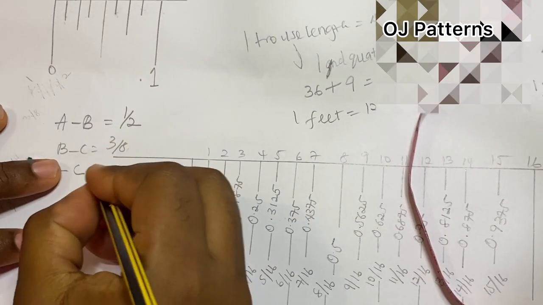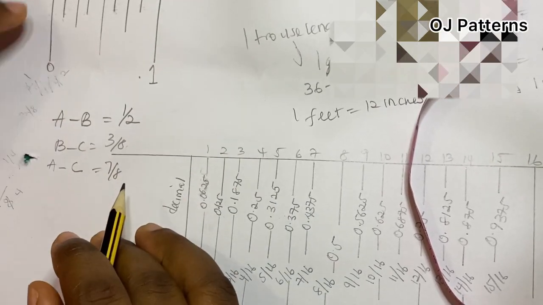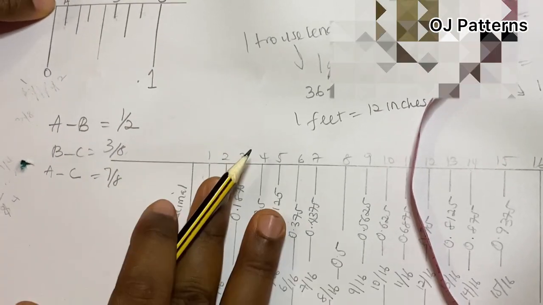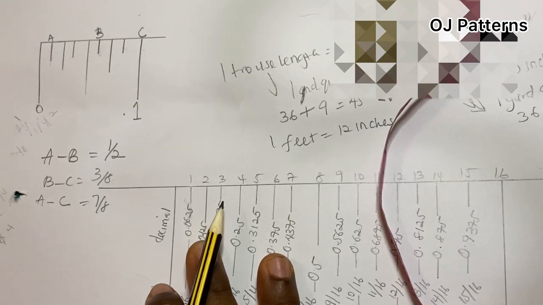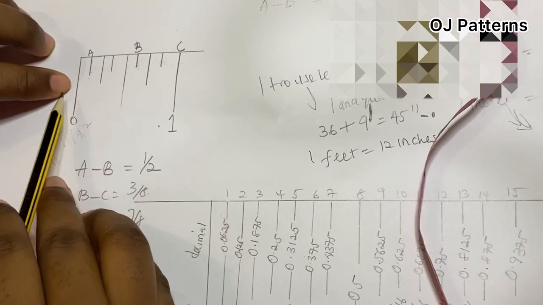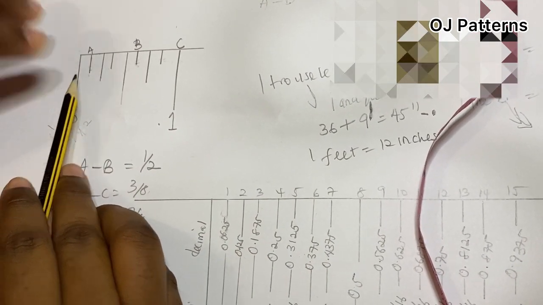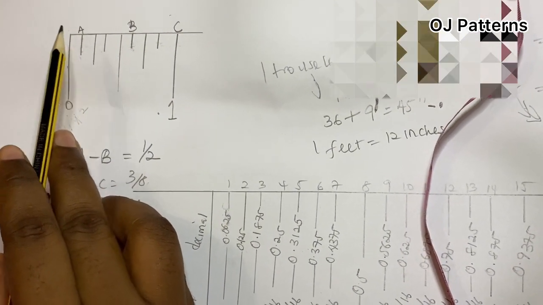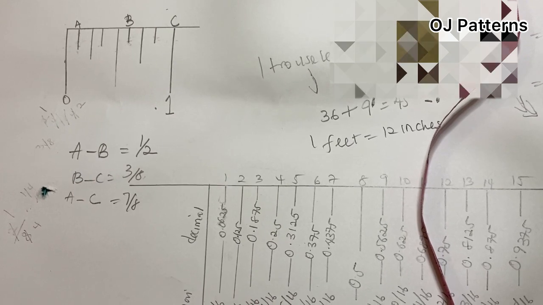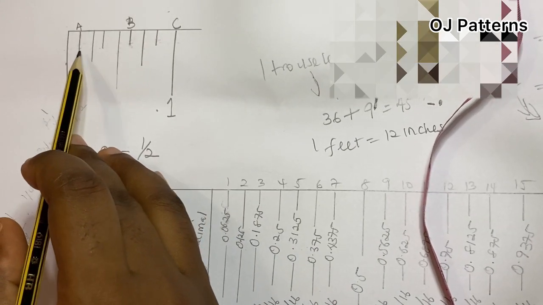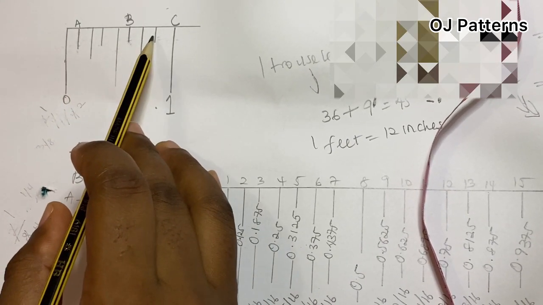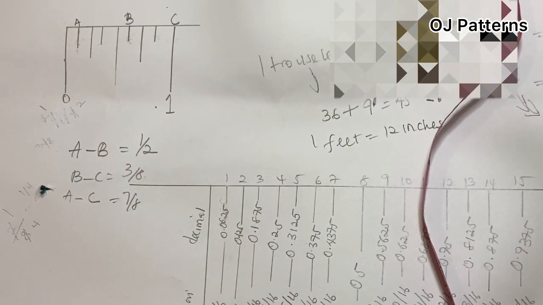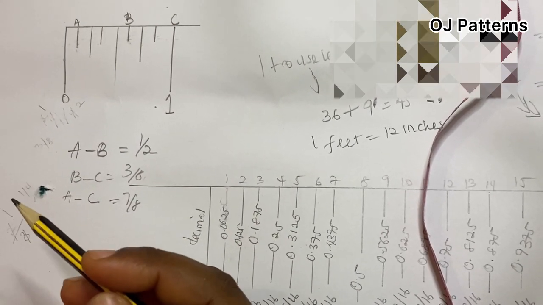Had A been at the edge, we would call that 0. But because A is on the first linear marking, your calculation starts from 0. So you go 0, 1, 2, 3, 4, 5, 6, 7. That's 7/8. So that's how it works.